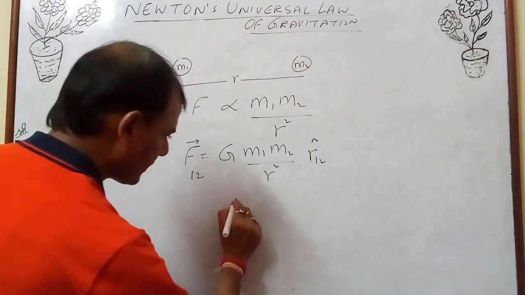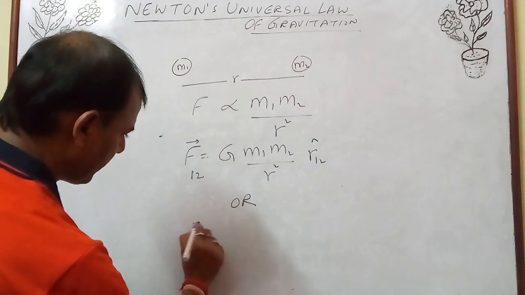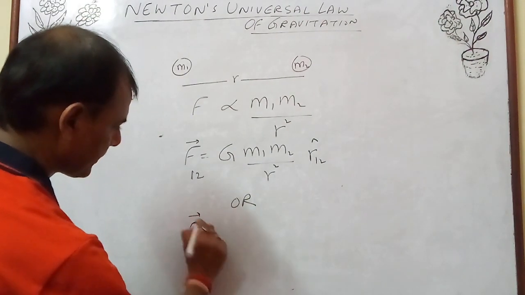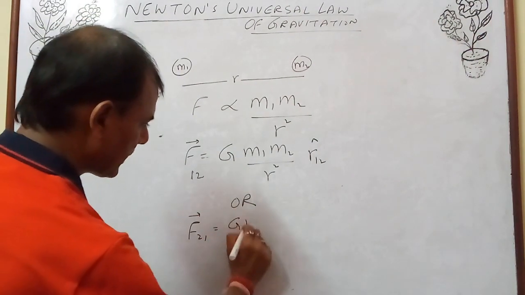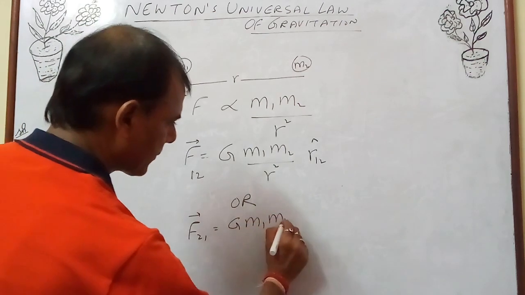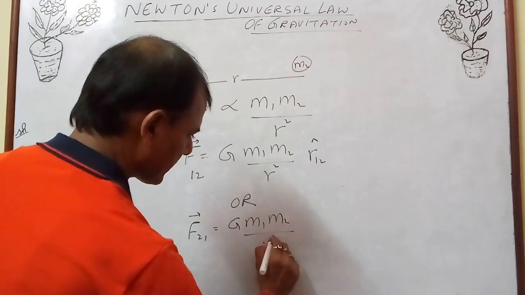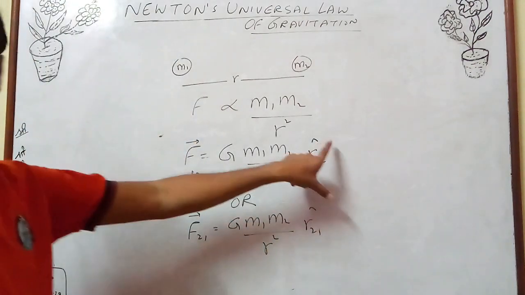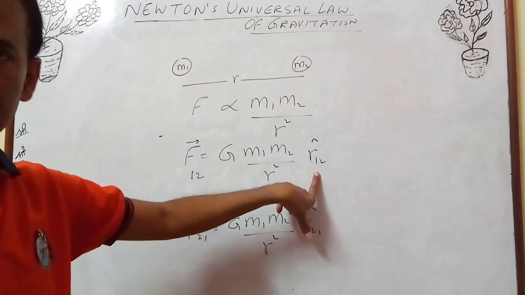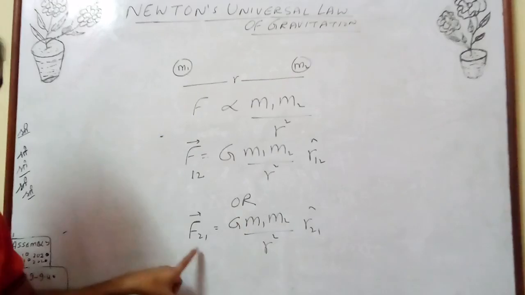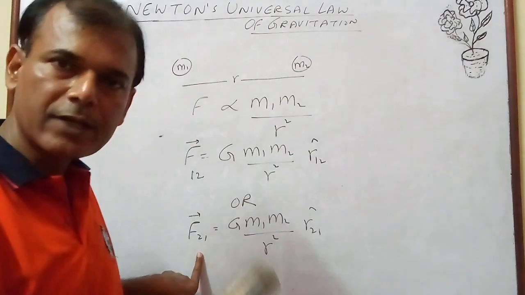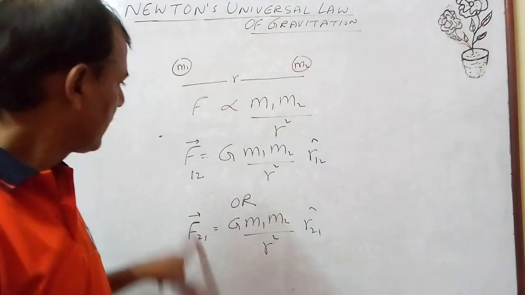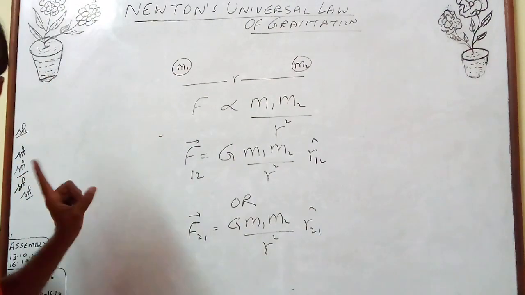Or you can write F21 is equal to G M1 M2 upon R square times R21 unit vector. These are unit vectors, which give the direction. F21 means the force acting on the second object due to the first. This is Newton's law of gravitation in vector form.